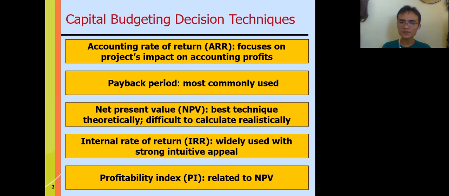And finally, we have the Profitability Index or the PI, and this relates to the net present value. For PI, this is also focusing on the cash flows. So among the five, it's only ARR that would focus on profits.